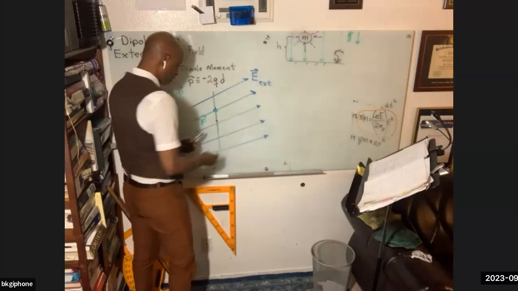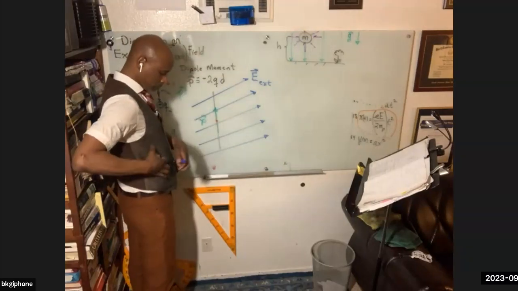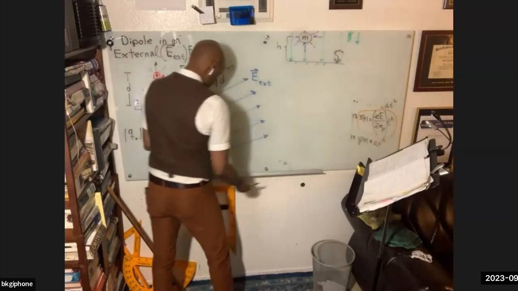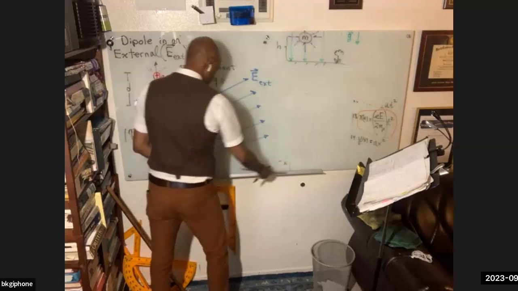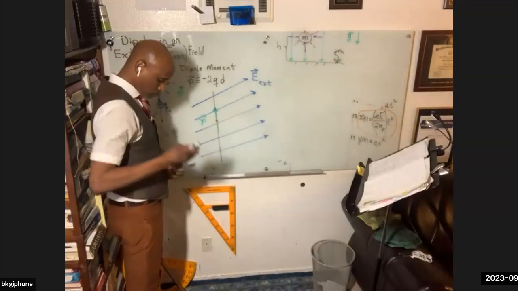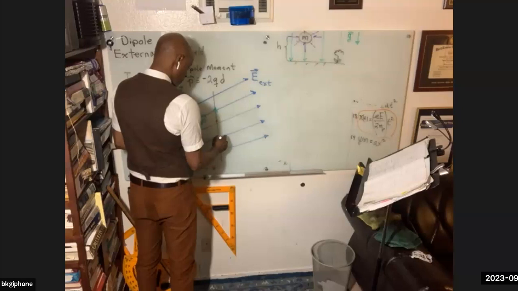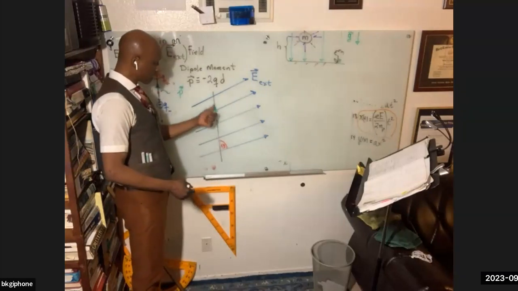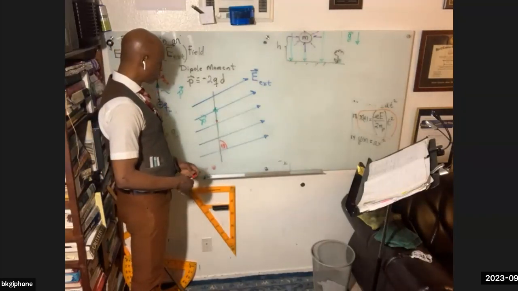So this angle here, extend this one down. That angle is theta. And so effectively it's making that angle with the initial position of the dipole.